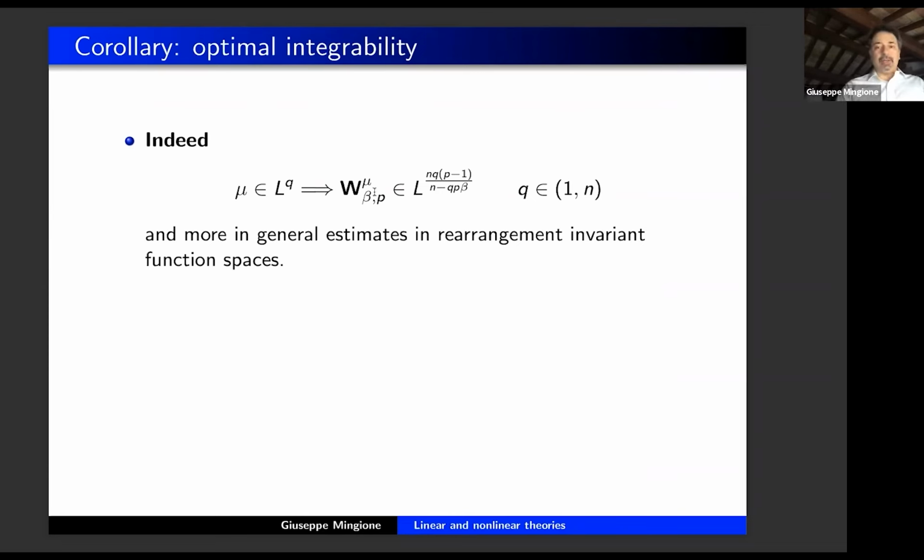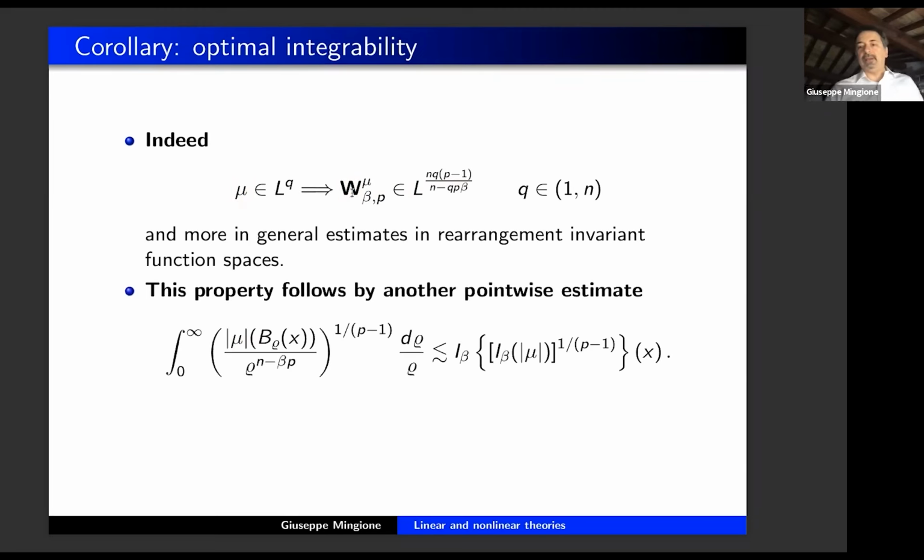But the main point, if you look at regularity, is that, for instance, their mapping properties are known. If you know where mu is, you know where W mu is. And therefore, thanks to the previous estimates, then you can know where the solution is.